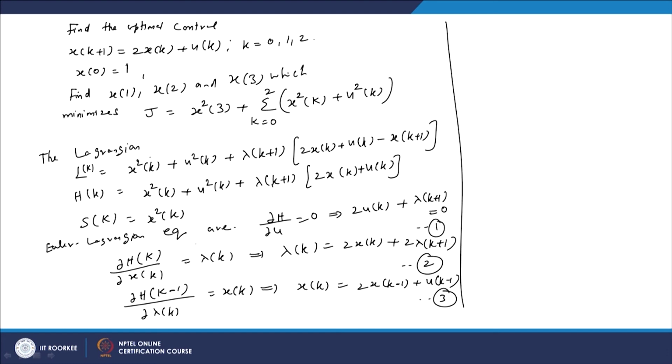So, first term is x square k minus 1, then u square k minus 1, etc., and we have to differentiate with respect to x k. So, that will come only here.